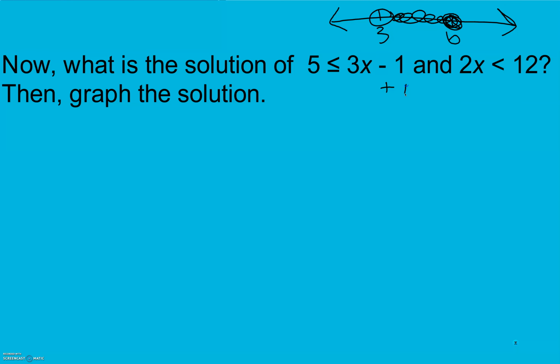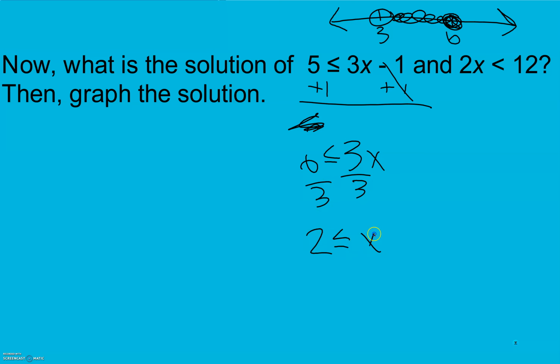First thing I'm going to do is solve each inequality individually. Try that again. Divide by 2. And again, bring down our and or our or.